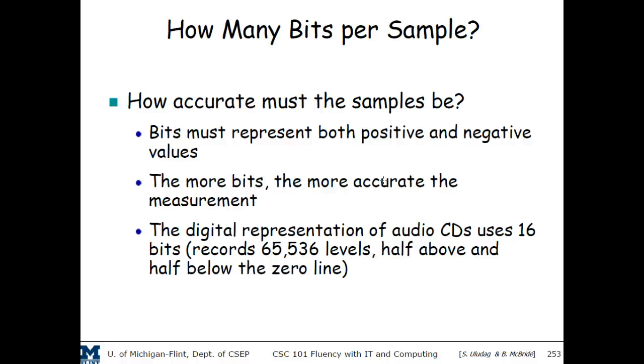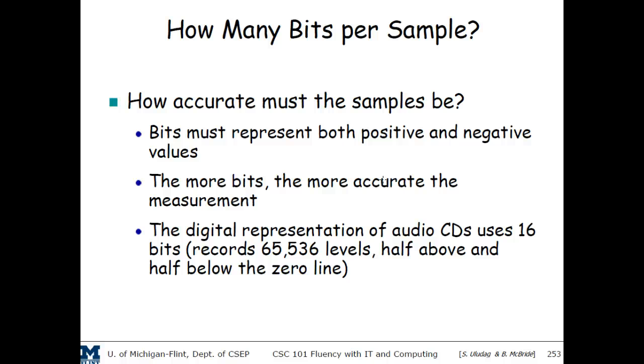So typical sample sizes are based on 16-bit samples, which will allow us to record 65,536 different levels of sound, and that would be 32,768 above the zero reference, and negative 32,767 below the zero reference line.